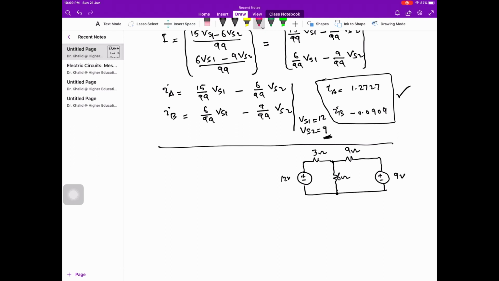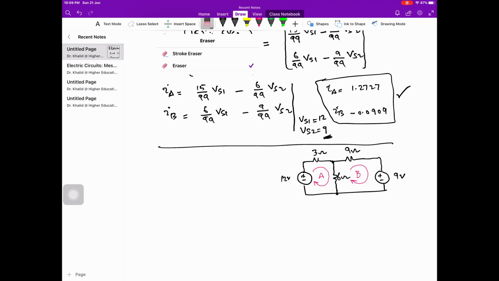Previously we assumed the direction of current flowing in mesh A clockwise and in mesh B also clockwise. This is not necessary. We can assume any random direction. So I will assume the direction over here counterclockwise deliberately. See what happens.